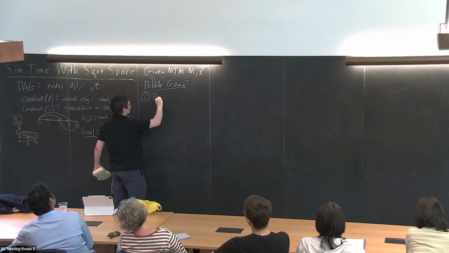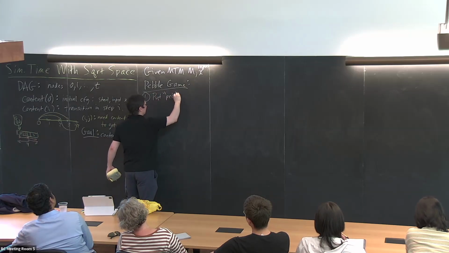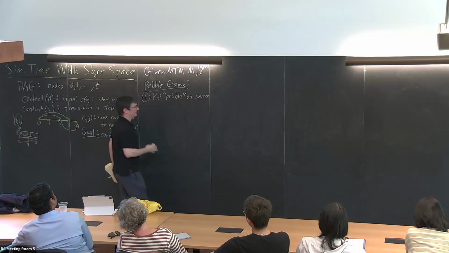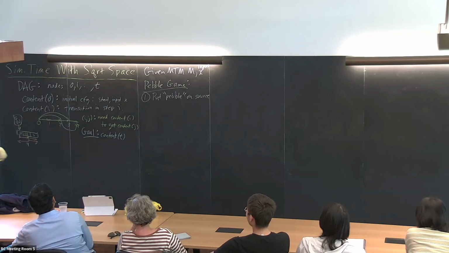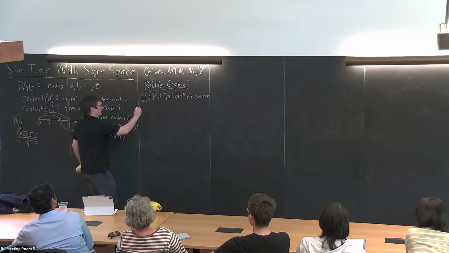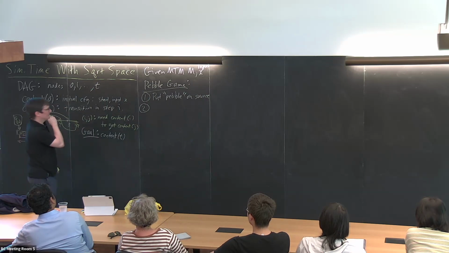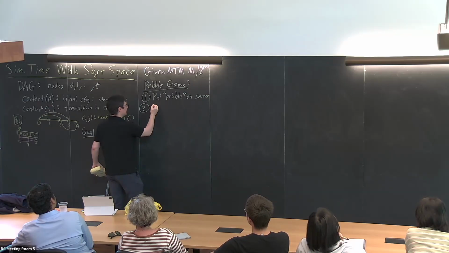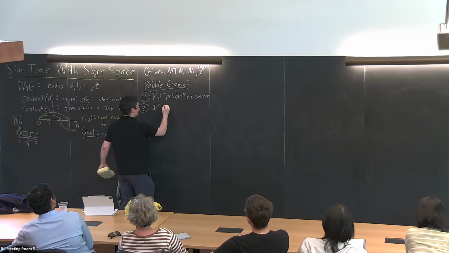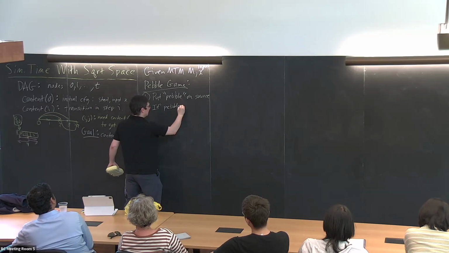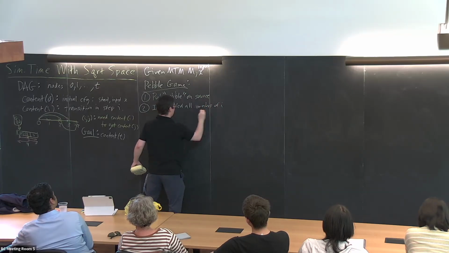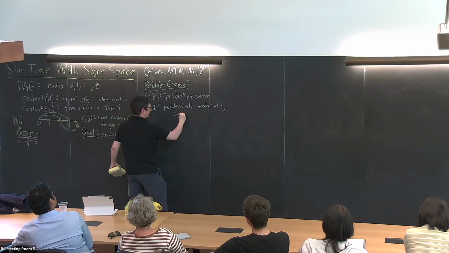First, I can put a pebble on any source. This is like saying I can compute the initial configuration, or bits of it, anytime I want. Second, I want to model computation: if I've pebbled all in-neighbors of a node i, then I can pebble i.